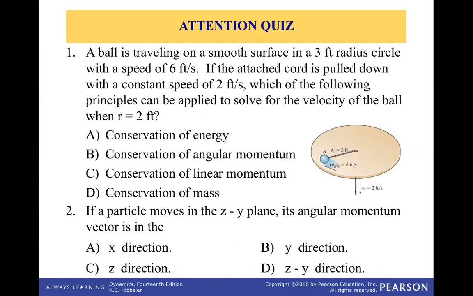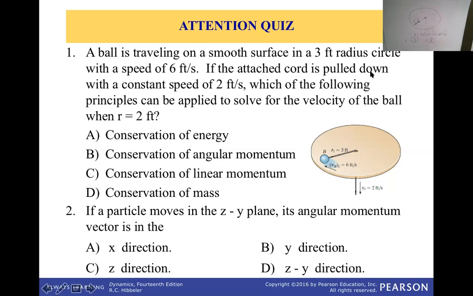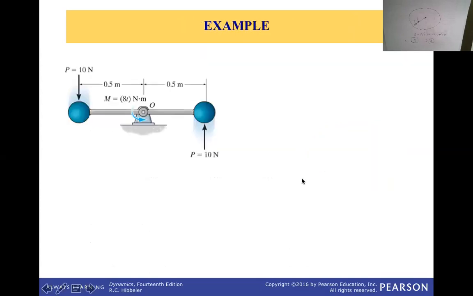So the angular momentum vector should be perpendicular to both z and y, which means this is going to be in the x direction. So on the second one, you should have A as your answer. So B and A on these two.